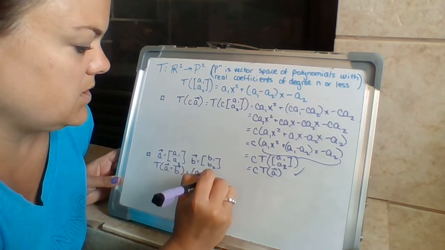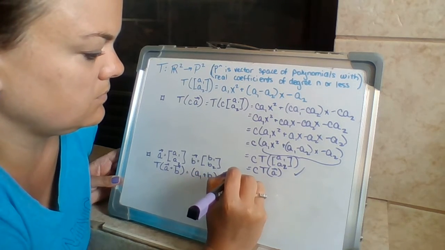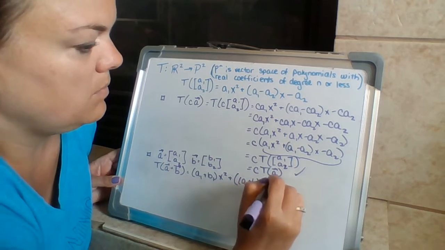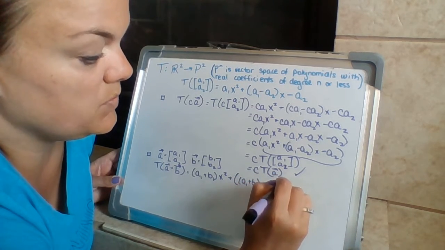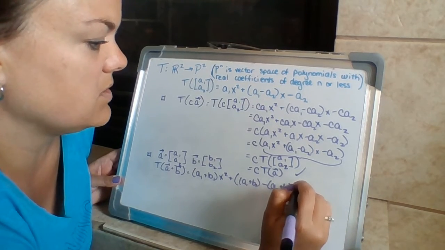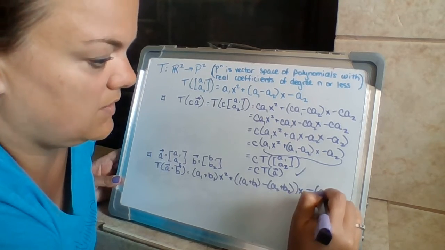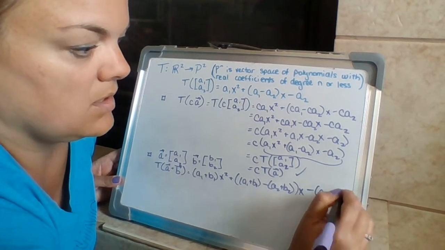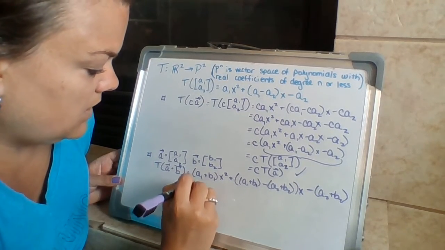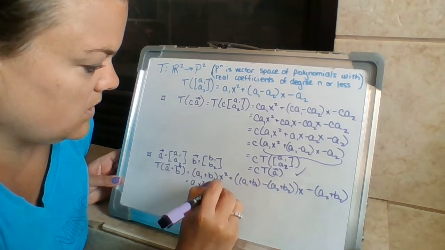So a1 plus b1 for the x squared term, then (a1 plus b1) minus (a2 plus b2) times x, minus (a2 plus b2), adding the corresponding elements of the vectors together.